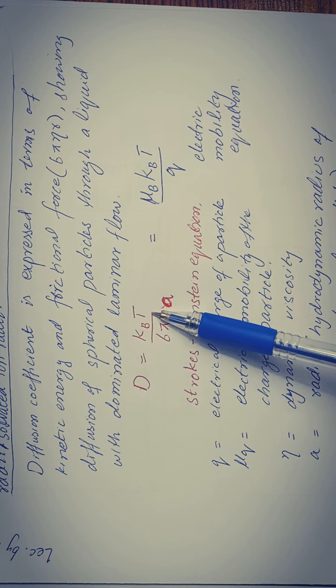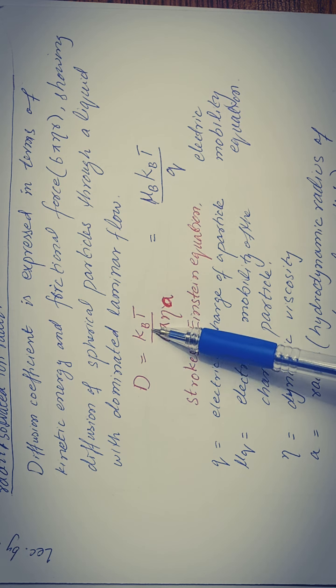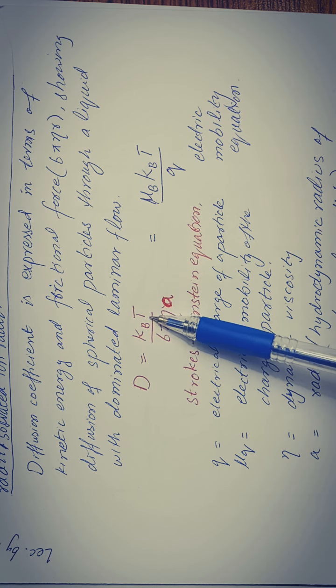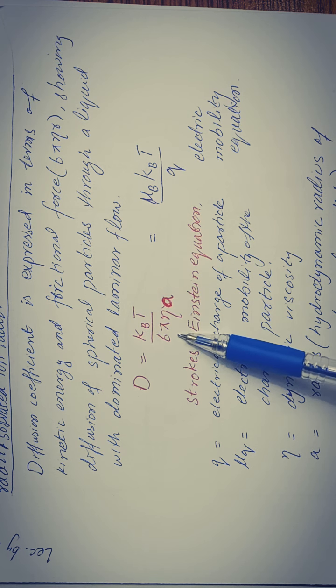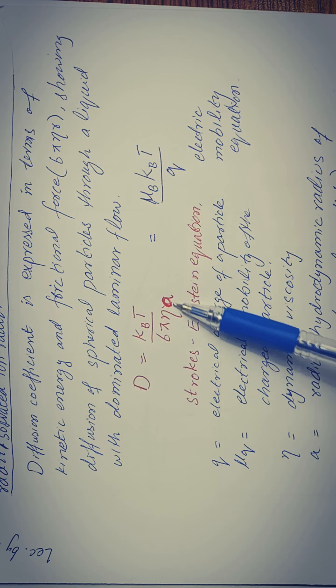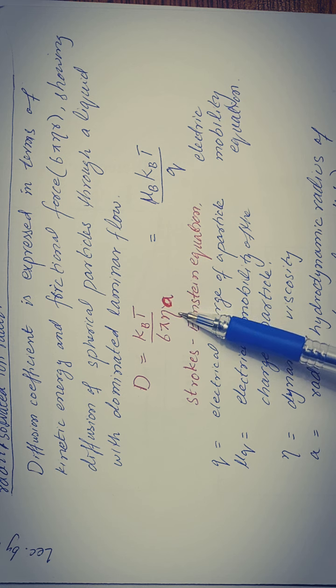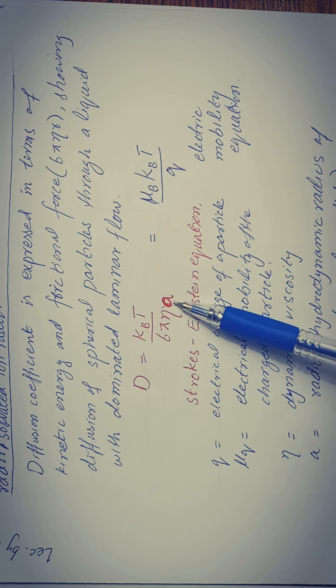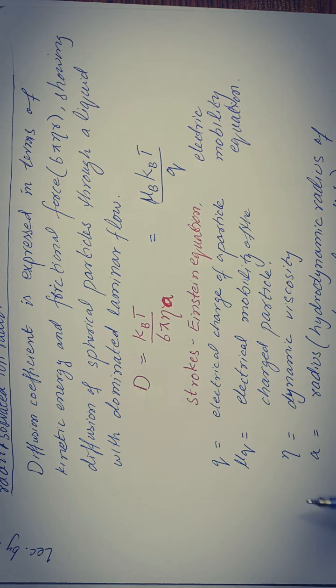D is equal to kB T over 6 pi eta A, where kB is the Boltzmann constant and T is the temperature, and 6 pi eta A is actually the frictional force, in which A is showing the hydrodynamic radii or the solvated ion radii.